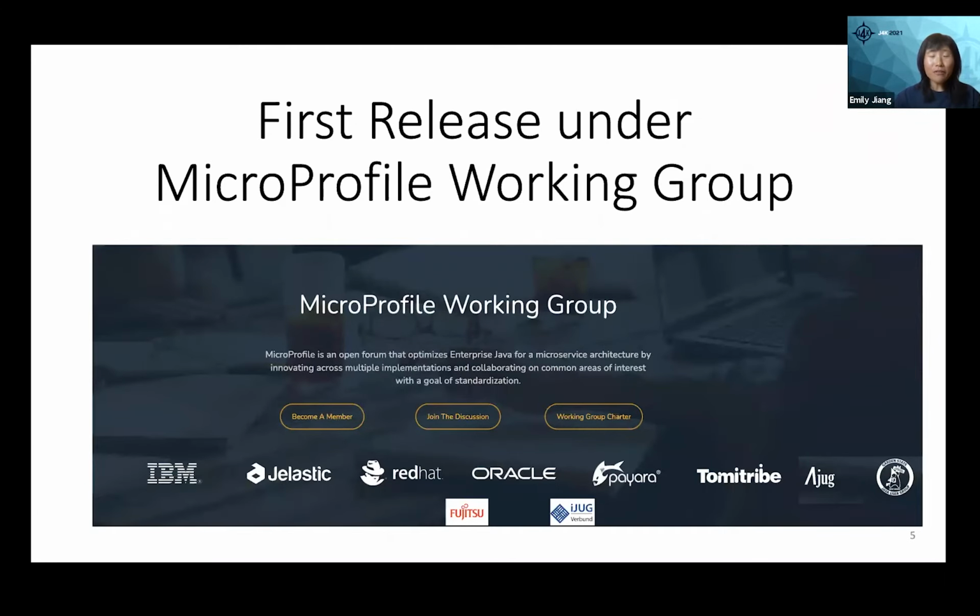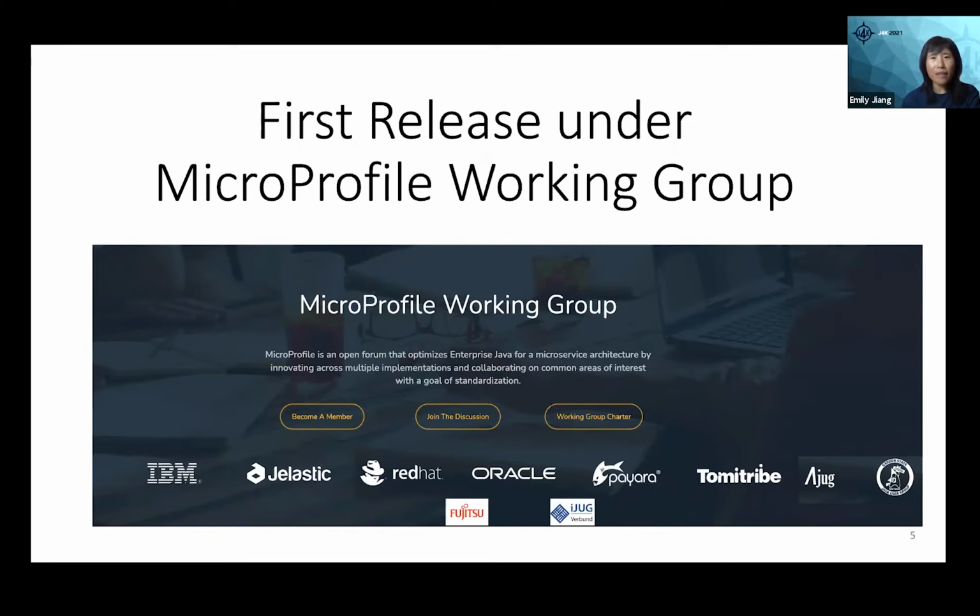MicroProfile 4.0 is the first release under the working group. What is the significance of this working group? Once we established this working group, it brought MicroProfile to be a standard body. So MicroProfile is a standard community.